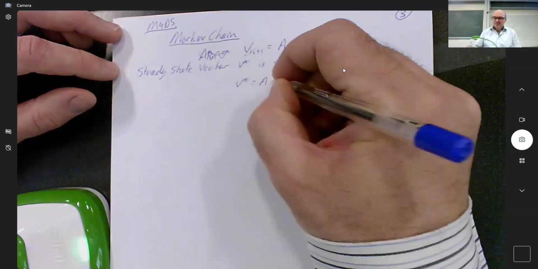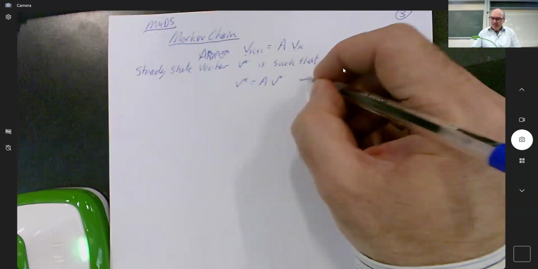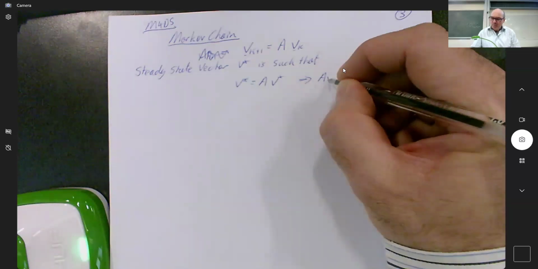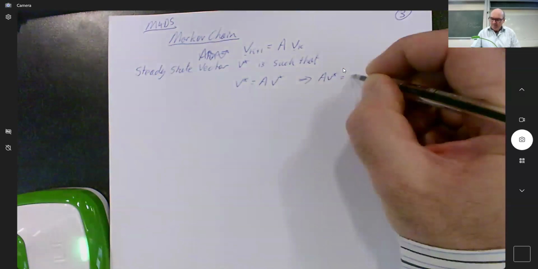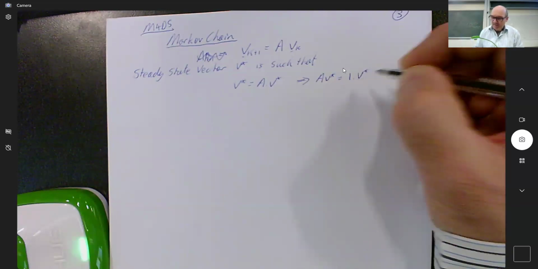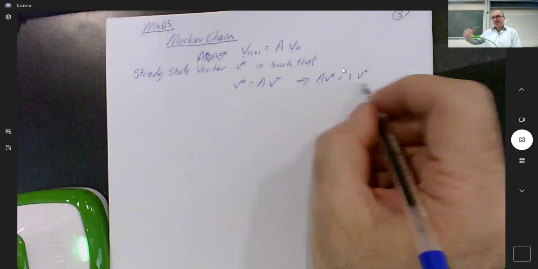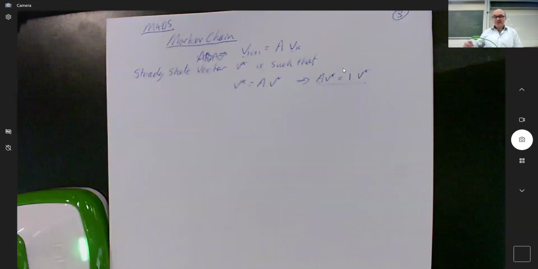Or maybe if I write that the other way around, A times V star is equal to 1 times V star. This is exactly the same property as the eigenvector property with lambda equal to 1.